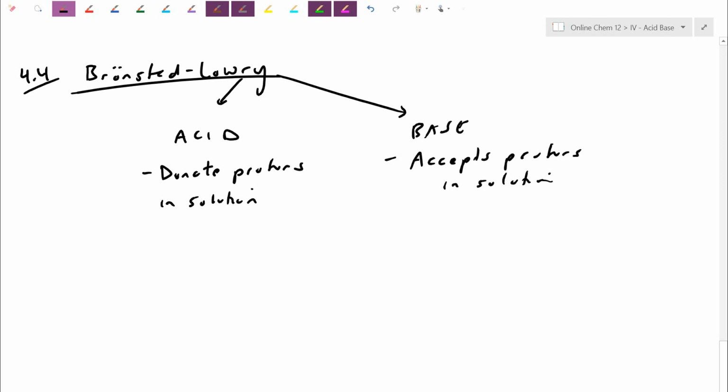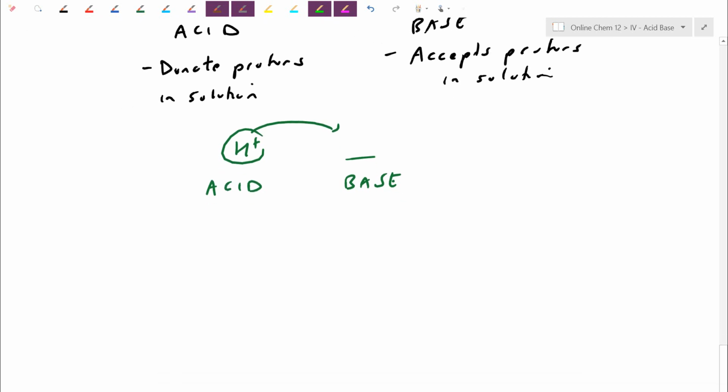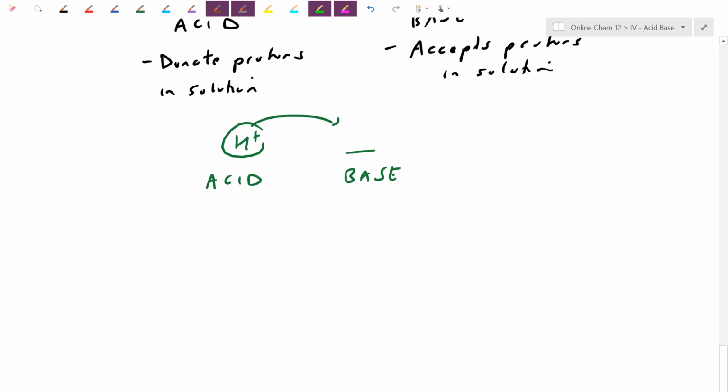Okay? So basically what ends up happening here, we said a proton is synonymous with H+. A proton here is a football. An acid is currently holding onto the football, and basically what ends up happening is the acid throws it to the base. The base is currently without the proton, but the base is going to receive this proton here. So for a Bronsted Lowry way of defining an acid-base reaction here, in some sense it is still a neutralization reaction.